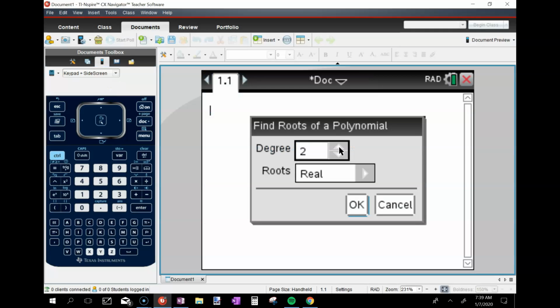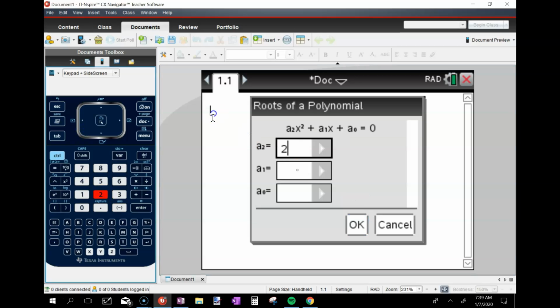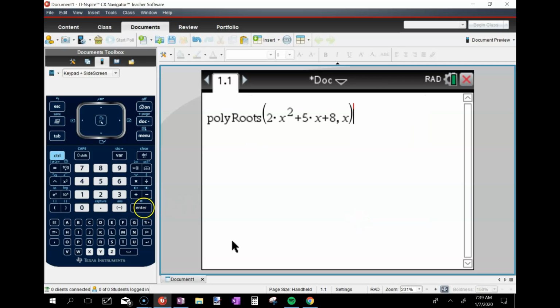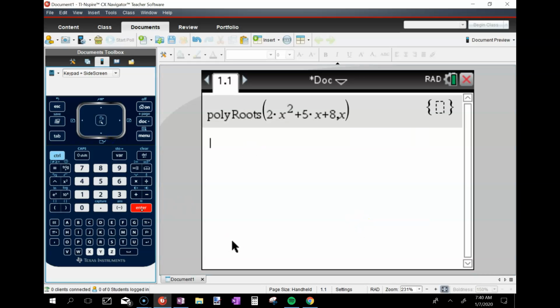She's going to assume that they're real unless we figure out otherwise. She's going to go 2, 5, and 8. And she gets the empty set, which means that there's a possibility that the roots are complex or imaginary. Guys, remember I showed you this little trick?